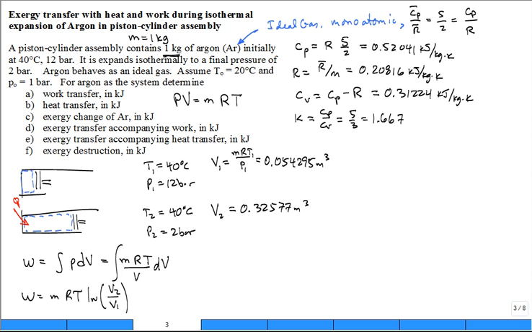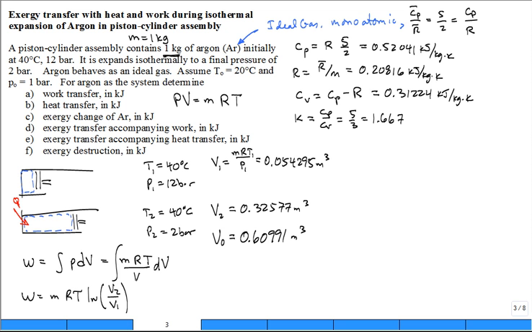And by the way, if you want to, you can go ahead and calculate V0, the dead state, because it's still under 2 bar pressure and it's still fairly warm at 40 degrees C. If you take that all the way to 20 degrees C, the dead state temperature, and 1 bar, that'll be an even larger volume, and V0 in this case is 0.60991 meters cubed.